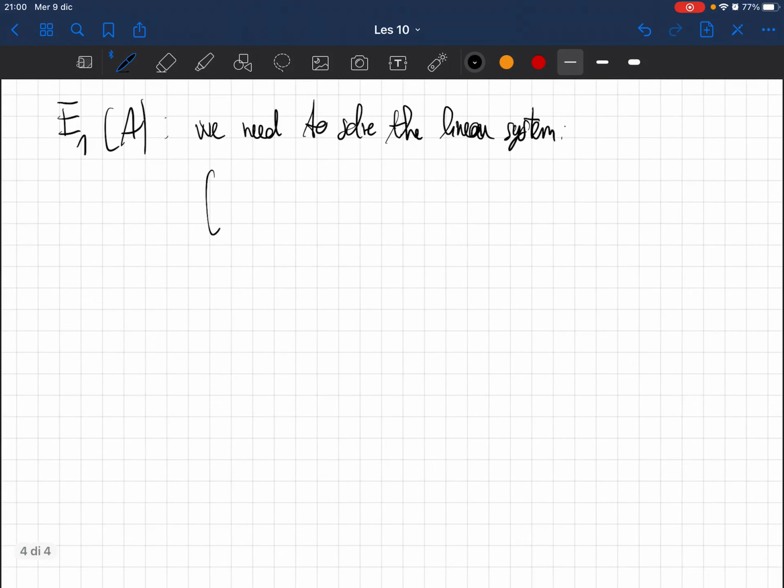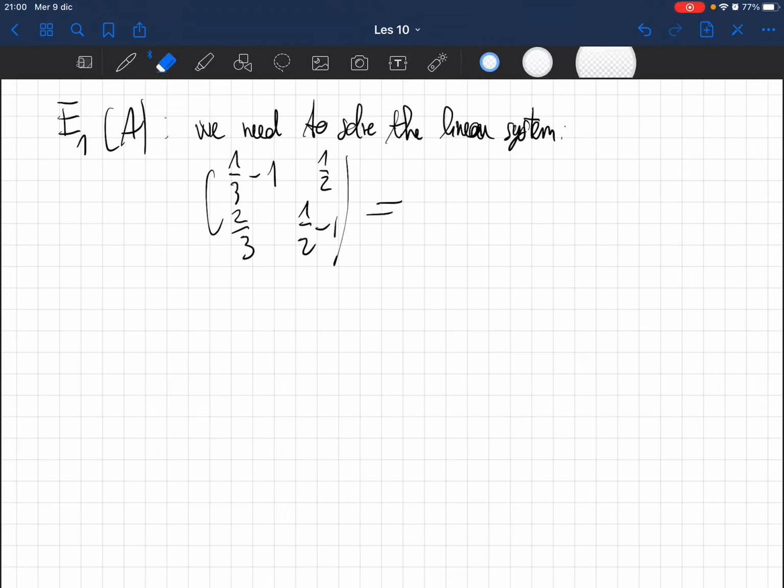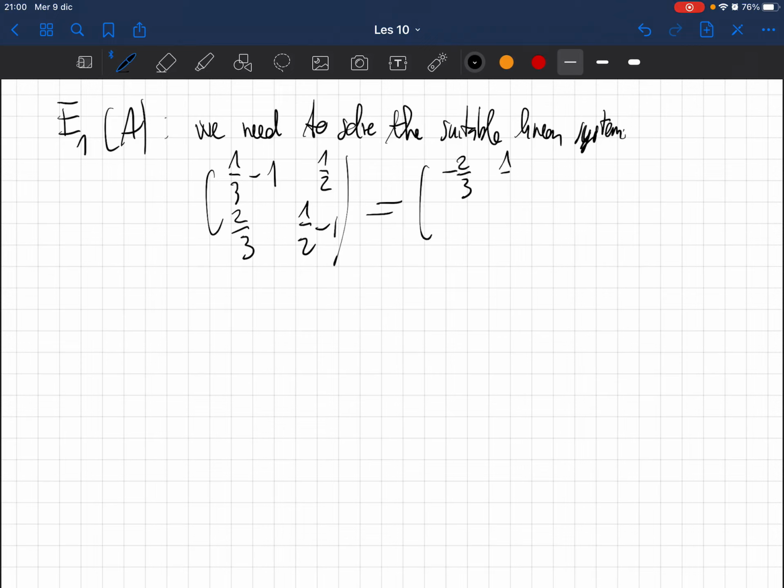So, well, 1/3 minus 1, 2/3, 1 minus 1. First let me compute this, which is minus 2/3.